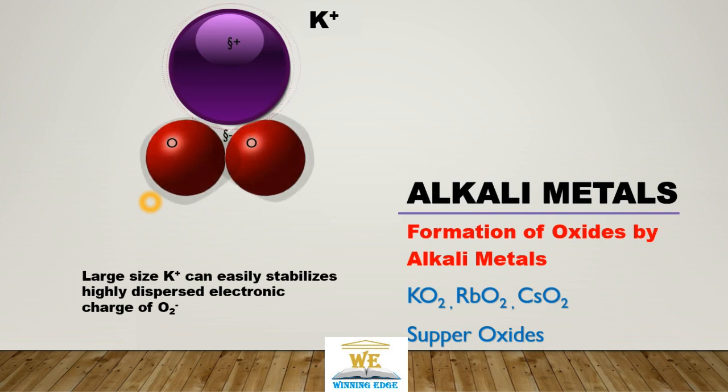That is the reason for the stability of superoxides. For the same reason, these large-sized anions can't form a stable compound with sodium or lithium. Size of anion is important with respect to cation size for making a stable compound.